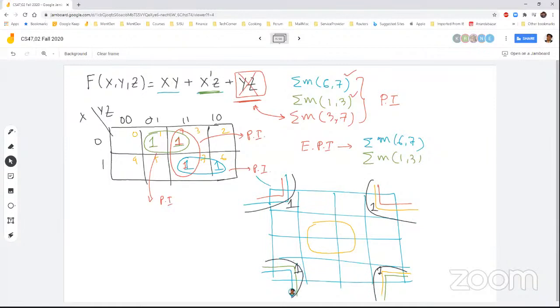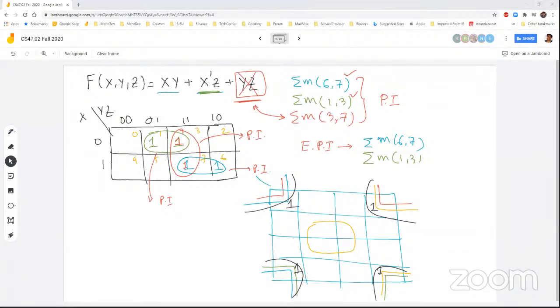So that's the one exception where you don't see a rectangular grouping. It's conceptually rectangular because these corners are neighbors to each other, but it's not visually really a rectangle.